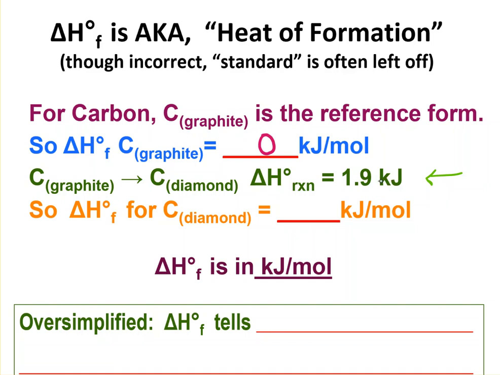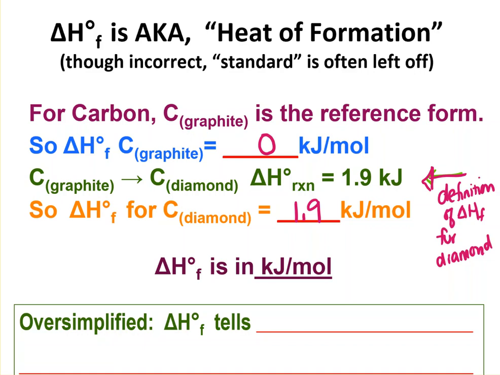Therefore, the heat of formation of diamond is that number, 1.9 kilojoules per mole. So this is the definition of the heat of formation for diamond.